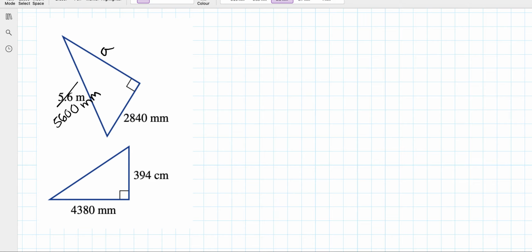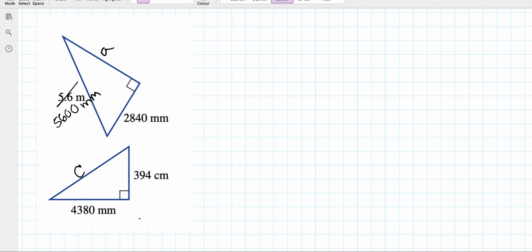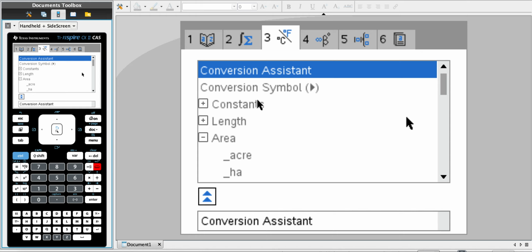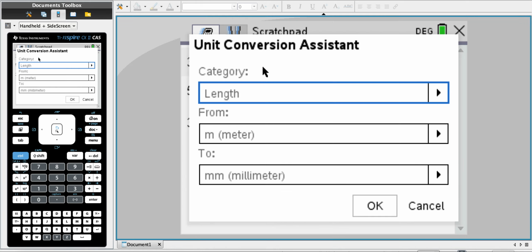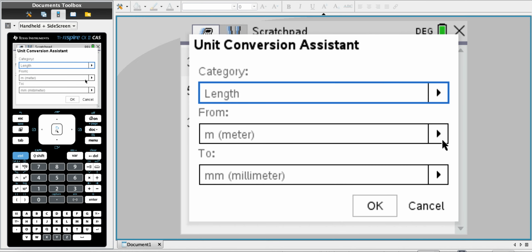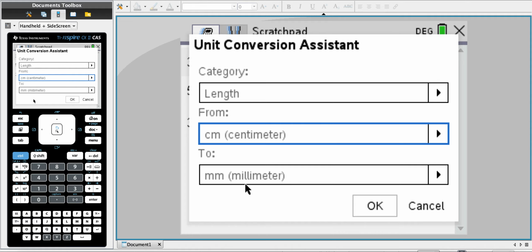Okay, now this one, we can see here that I have centimeters, and here I have millimeters. So again, I suggest that you go into the smallest one, that is millimeters, and in this case you're going to find the hypotenuse. So we're going to do 394 centimeters into millimeters. So we go into our CAS and we say 394, and we go into our book, conversion assistant, length, I am in centimeters up here, and I want to go into millimeters.